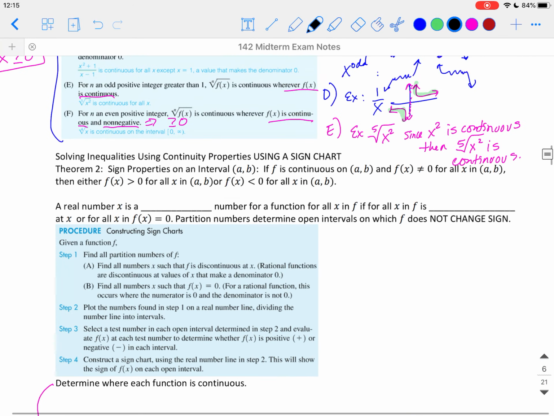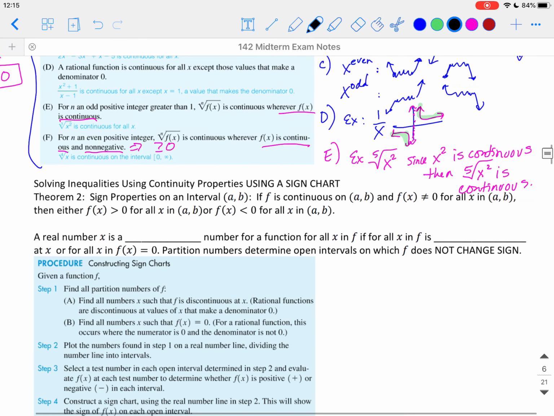All right, so solving inequalities using continuity properties, which is using a sign chart. So I'm right here. Theorem 2 says sign properties on an interval AB. Again, this interval AB is just a piece or part of the graph.